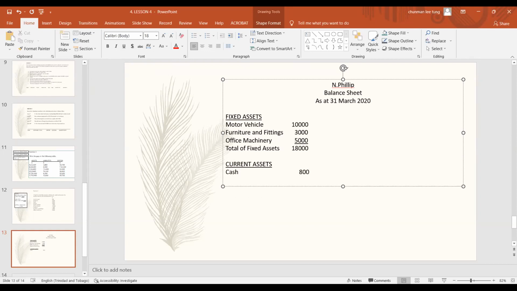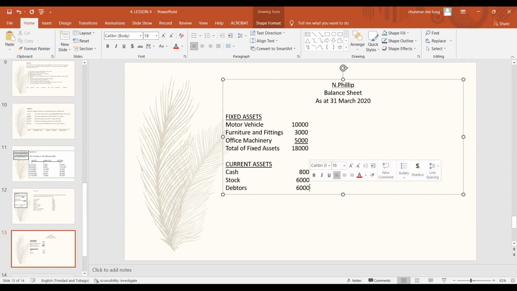Stock, which is $6,000. And debtors, another $6,000. Okay, when you total, your total assets would be your fixed assets plus your current assets, which is $30,800.